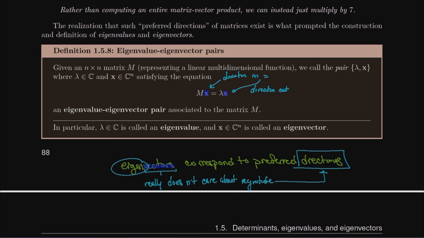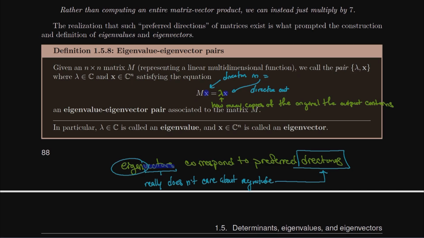Now, an eigenvalue is this term lambda, which is how many copies of the original the output contains. So it might be the case that we haven't changed direction, but we've gotten 10 times as long, or we've gone negative 1 times, which is in the reverse direction, but parallelness of the directions hasn't changed, or maybe you've walked twice as far, or half as far, or something like that.